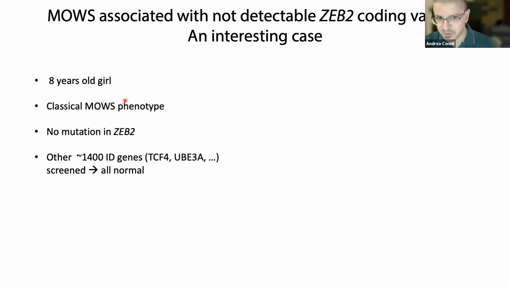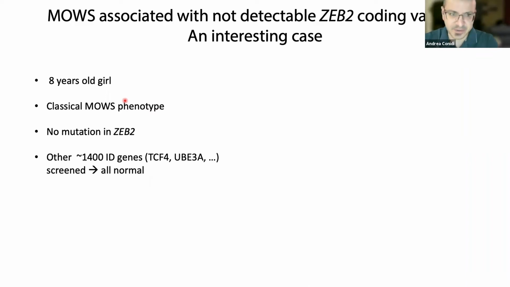We checked for other genes that are normally linked to intellectual disability, like TCF4, UBE3A, and they are all normal. But clearly this patient has Mowat-Wilson. So we were kind of curious, how is it possible that a patient has Mowat-Wilson, but without any mutation identified?